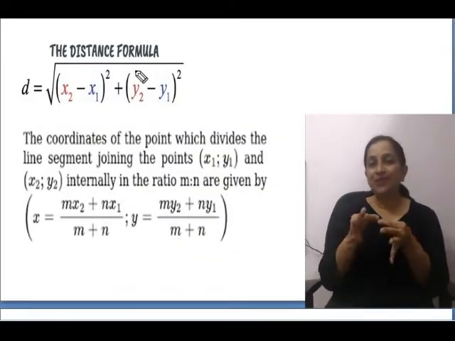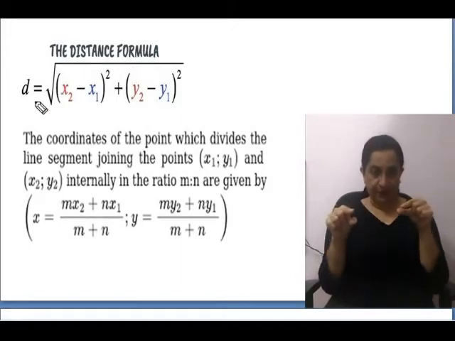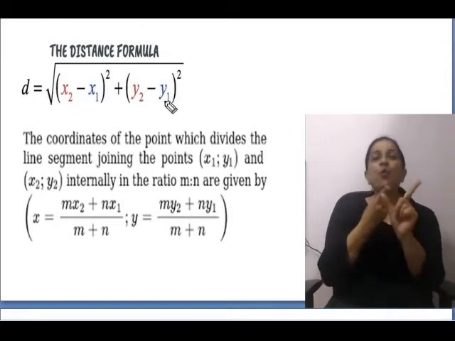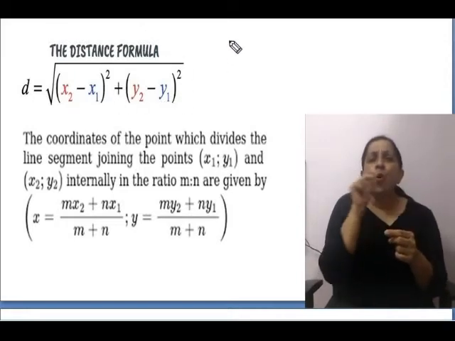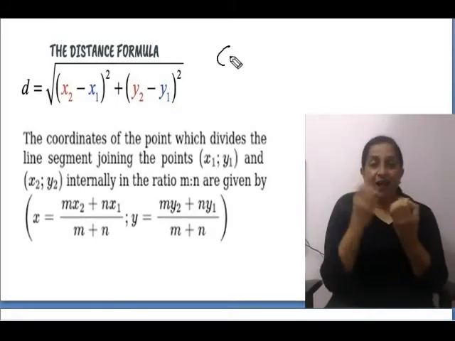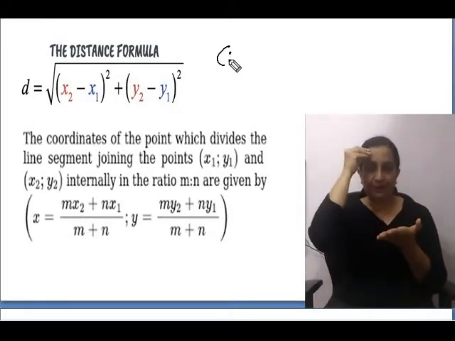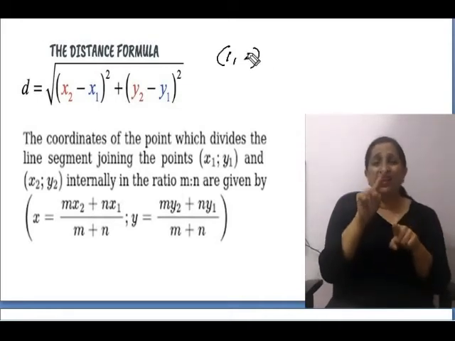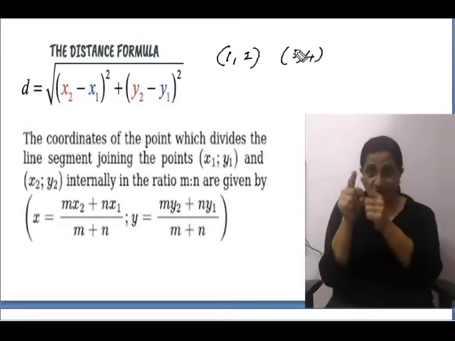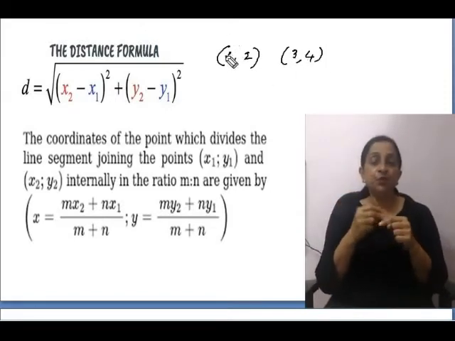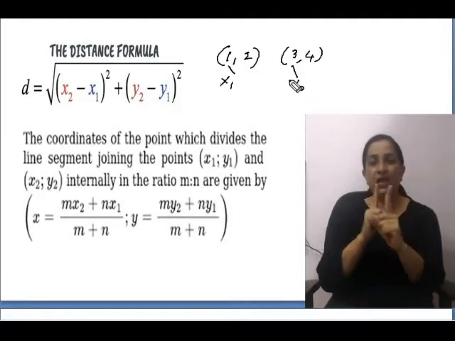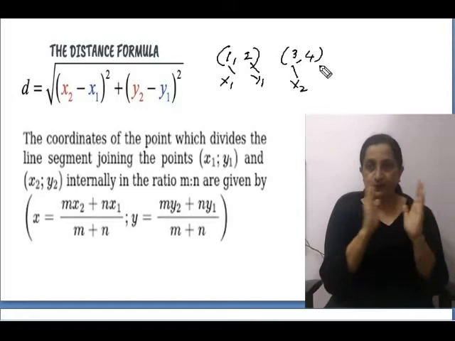Next, let us move on to the distance formula in coordinate geometry. They will give you the points like x1, y1 and x2, y2, and then ask you to find the distance, which you have done at SSLC level. If the points are like 1, 2, and then 3, 4, okay, then this is x1, this is y1, this is x2, this is y2.